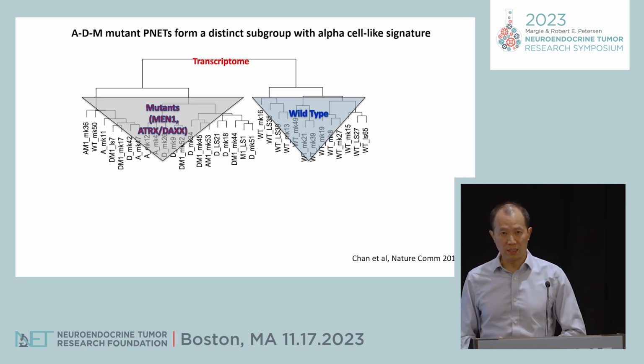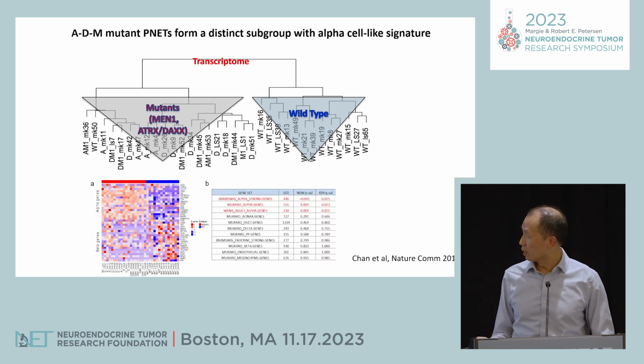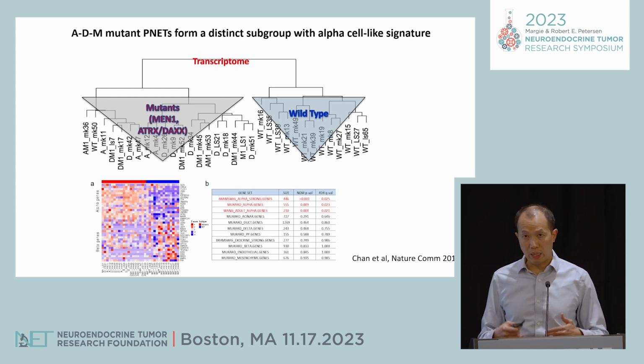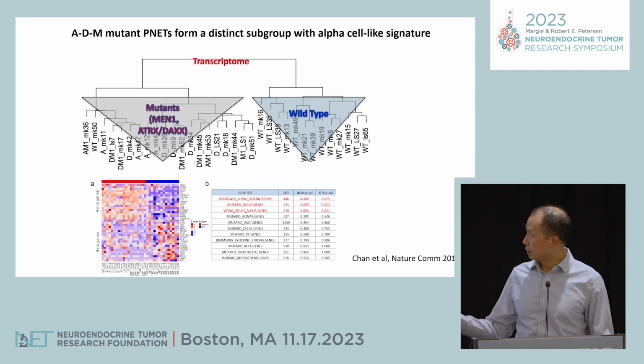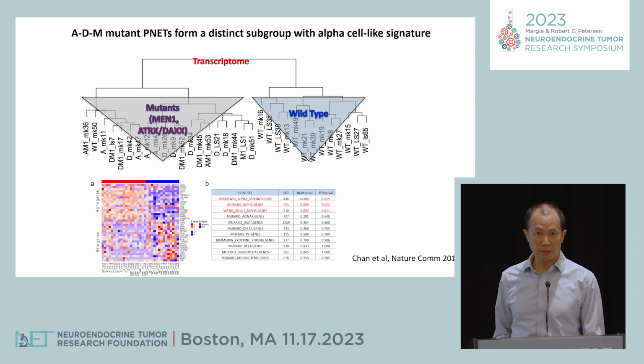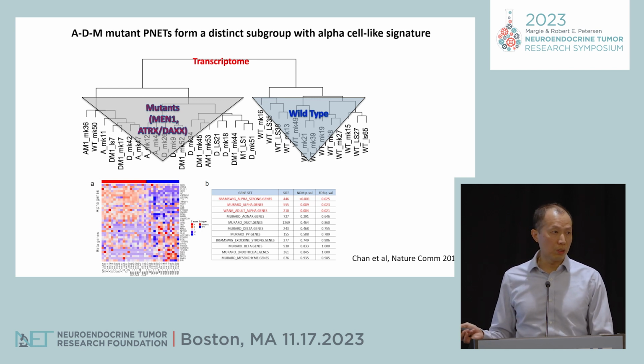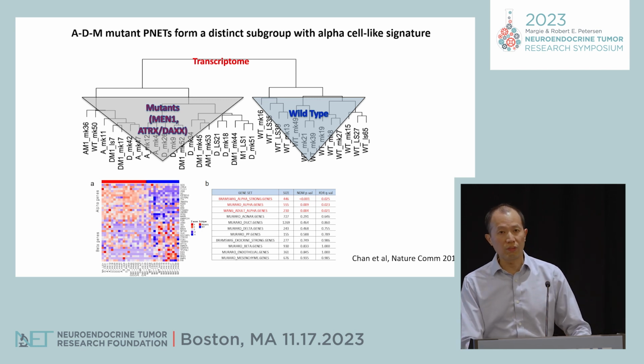Furthermore, we showed that that subgroup had a gene signature that was alpha cell-like. The other subgroup had more of a PDX1-like signature.